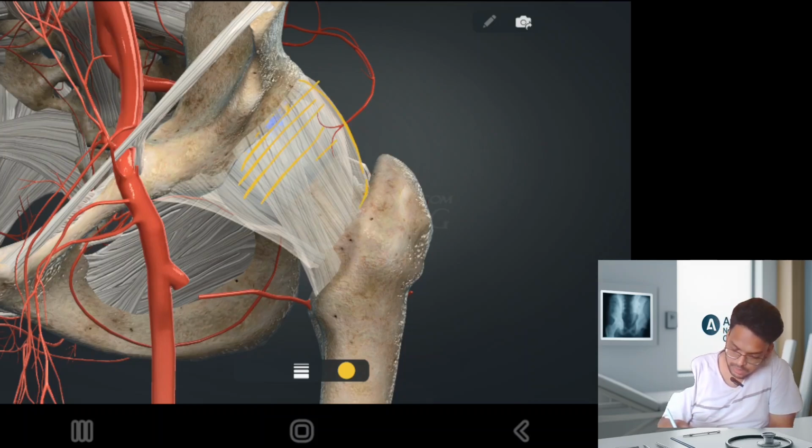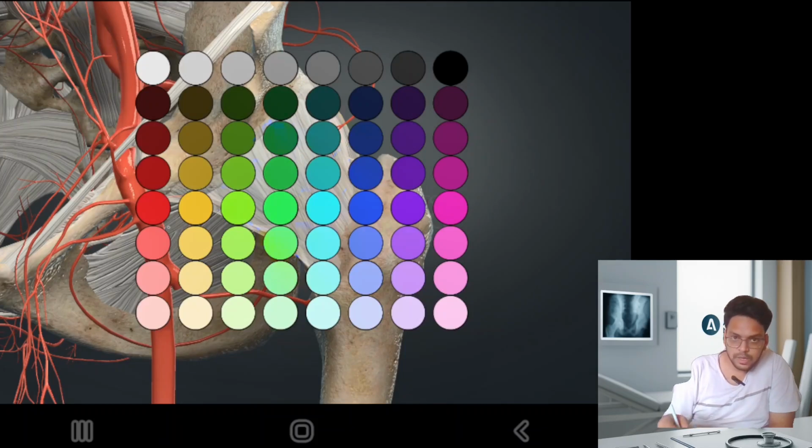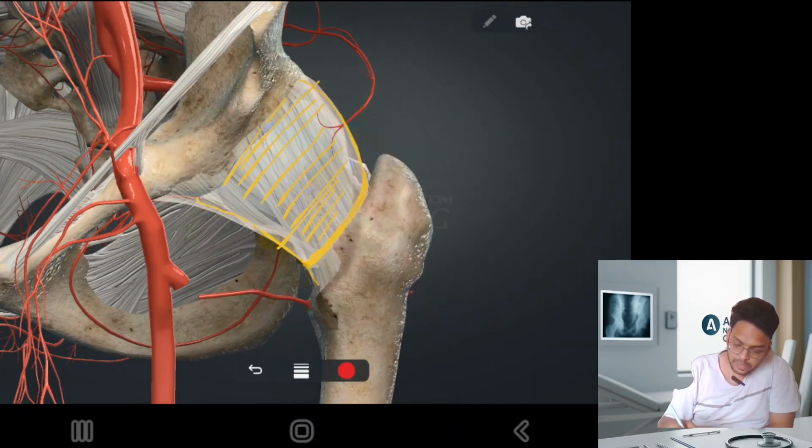Mainly the capsule covers till the trochanteric ridge. And this arterial ring is at the base of the neck, and it is outside the capsule.